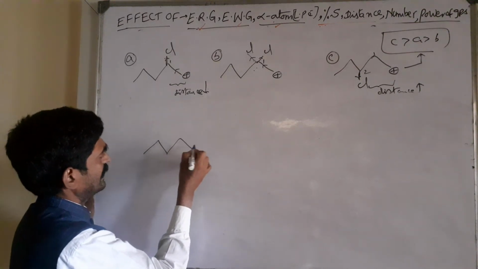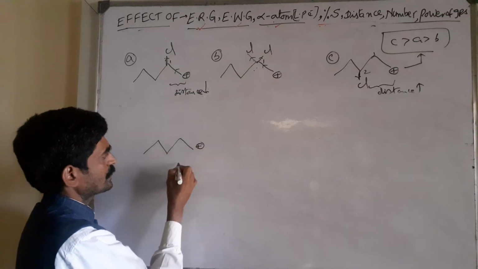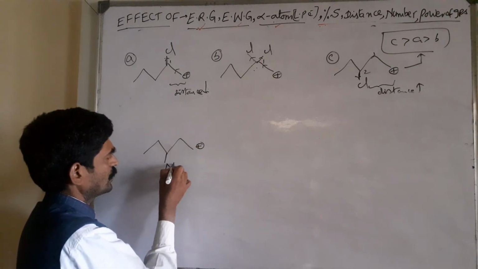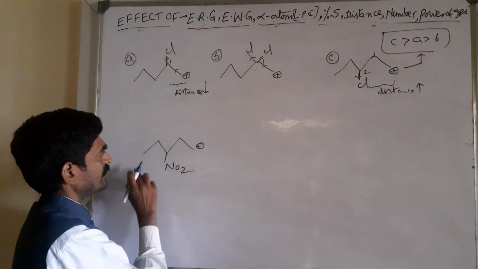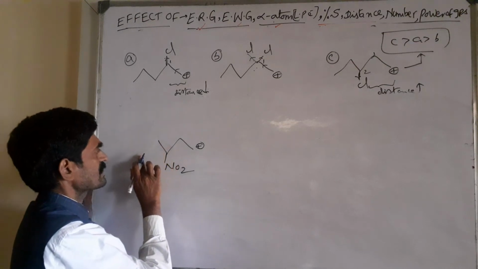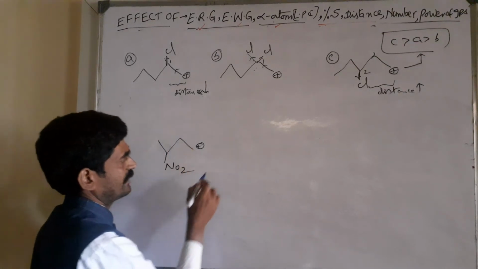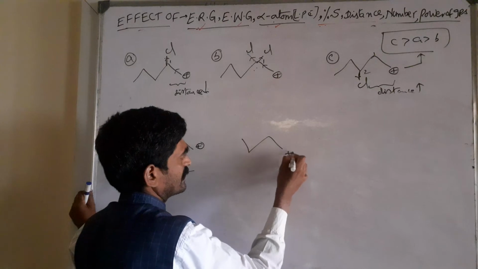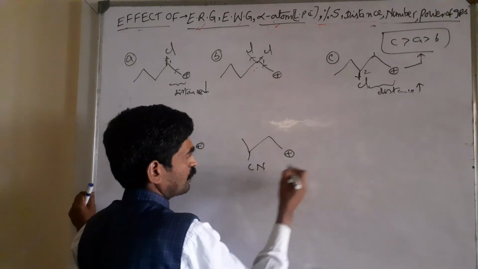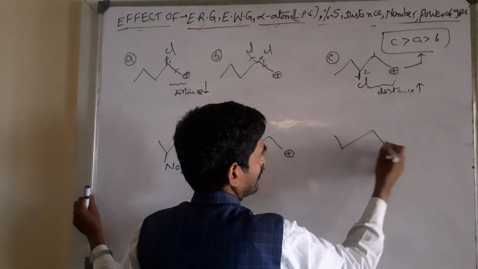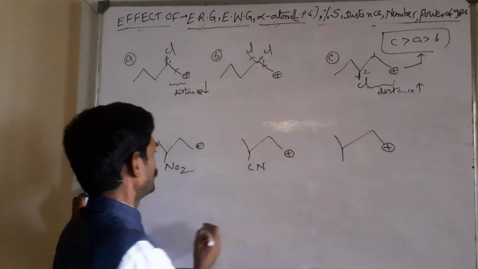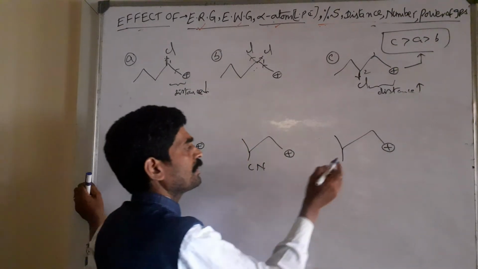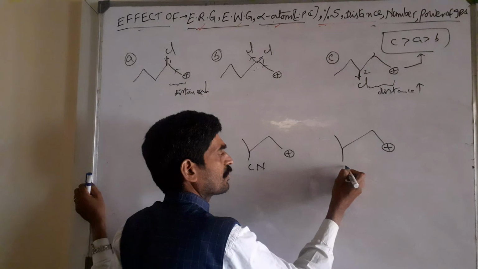The compound is like this. Here is the positive charge, and here another group is bonded. So 1, 2, 3, 4. And the compound is like this, and here a cyanide group is bonded. And here the compound is like this, and here is another group, a cyanide group, and here a fluoride is bonded.